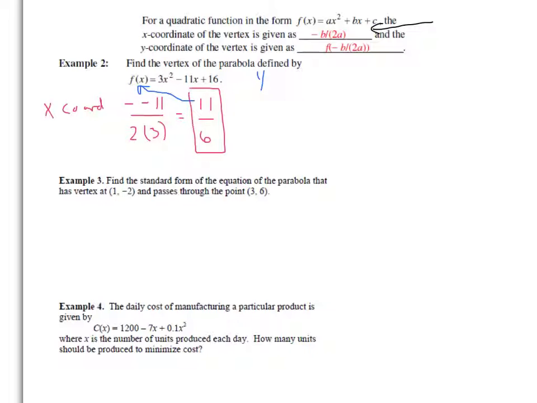So to get the y coordinate, I have 3 times 11 over 6 squared minus 11 times 11 over 6 and then plus 16. And so we end up with our y value of 71 over 12.